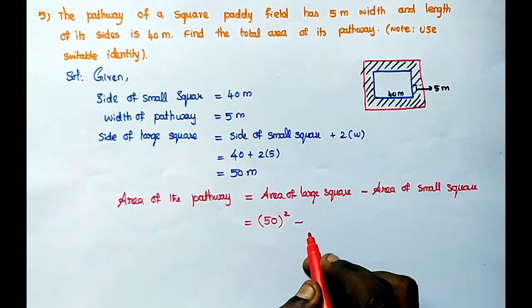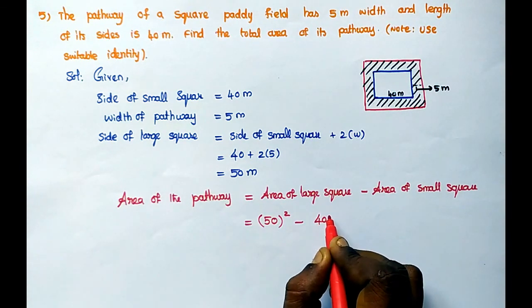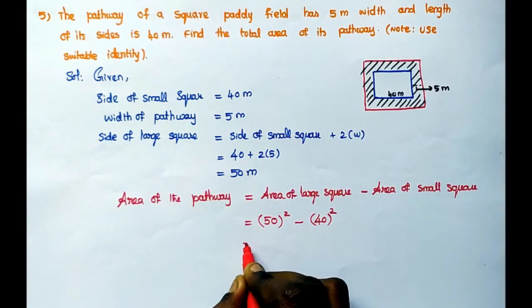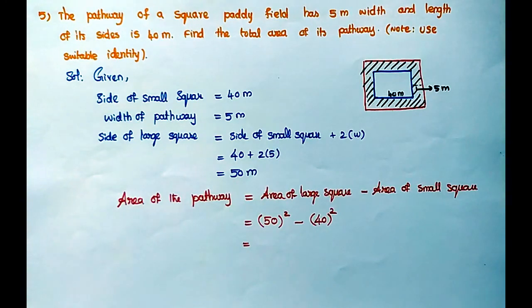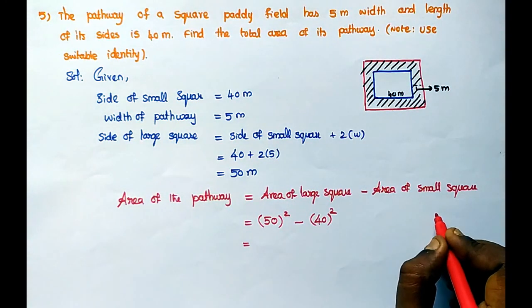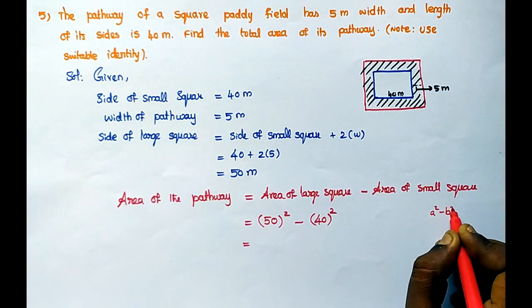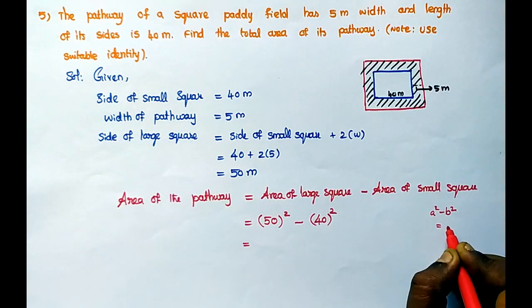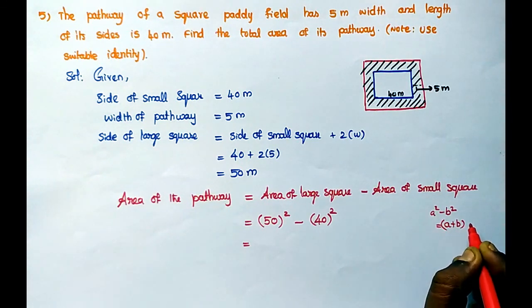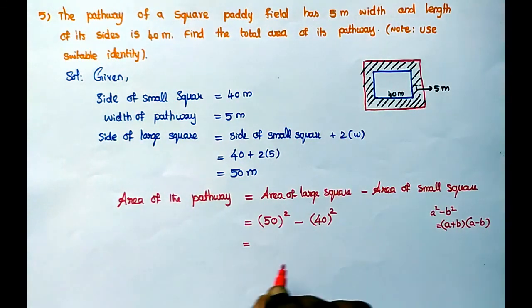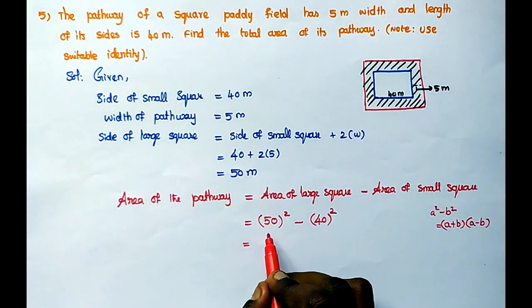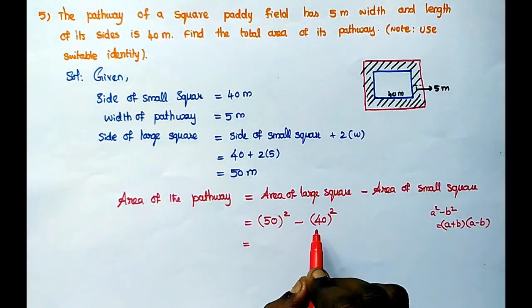So 50² minus 40². It is in the form of a² − b². What is the formula? (a + b) into (a − b). Now a is 50 here and b is 40.